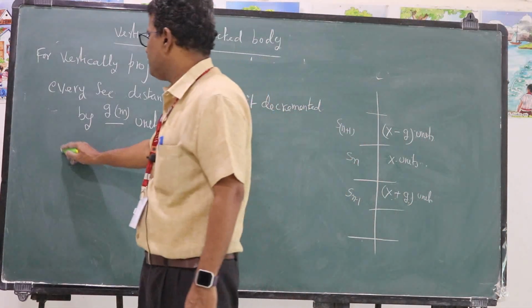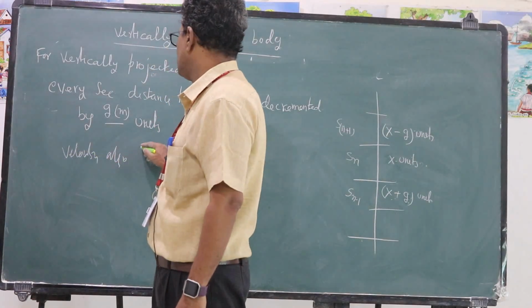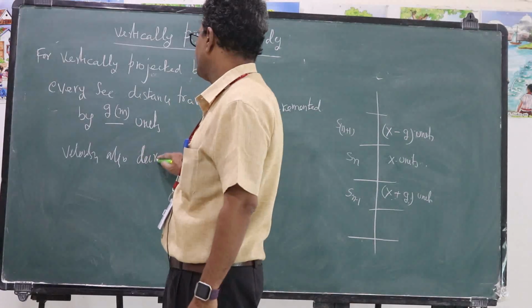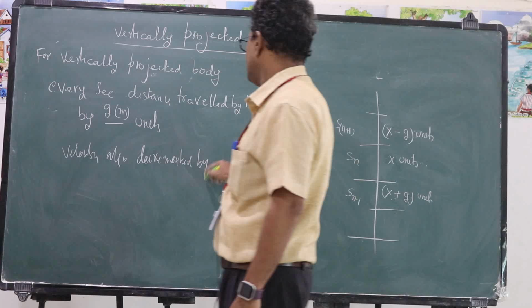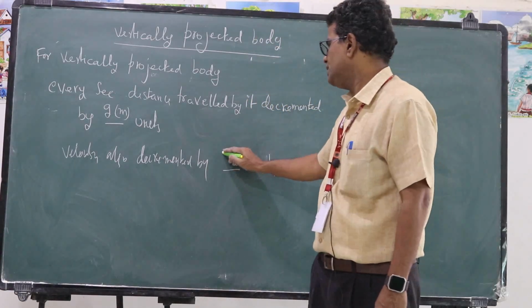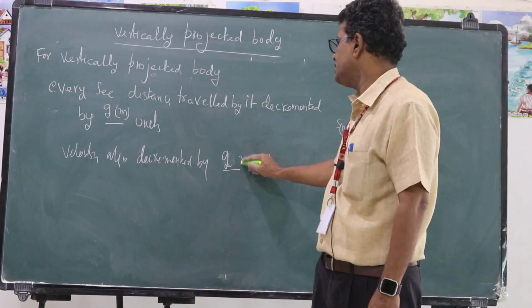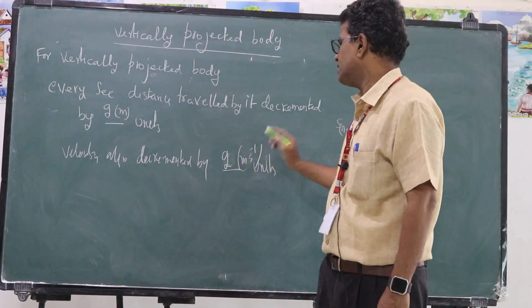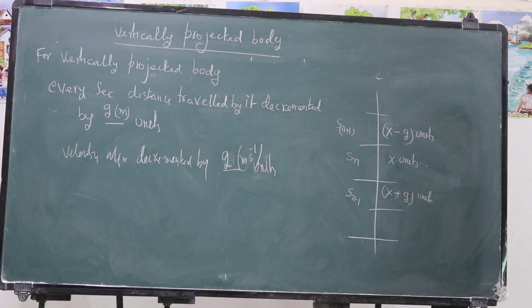Similarly, velocity is also decremented by g units. What is the unit here? Meter second inverse.